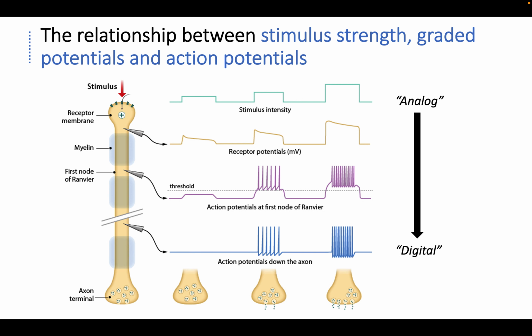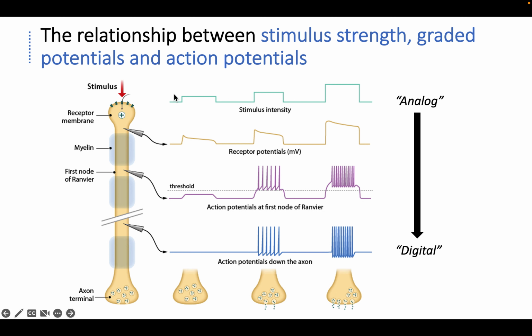Okay, so what we see in this picture here is sometimes we have small stimuli, sometimes we have medium stimuli, sometimes we have very large stimuli. Depending on those stimuli, we have varying receptor potentials and varying amounts of action potentials and varying amounts of neurotransmitter release. So we then perceive it as being a small stimulus, a medium stimulus, or a strong stimulus.